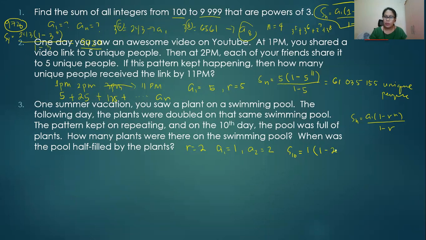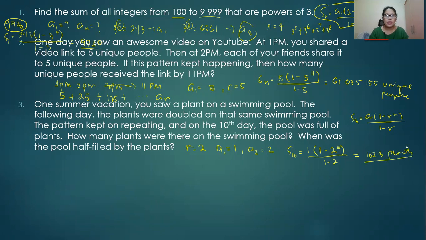This is from the first day to the 10th day, so this is 2 to the 10th power all over 1 minus 2.